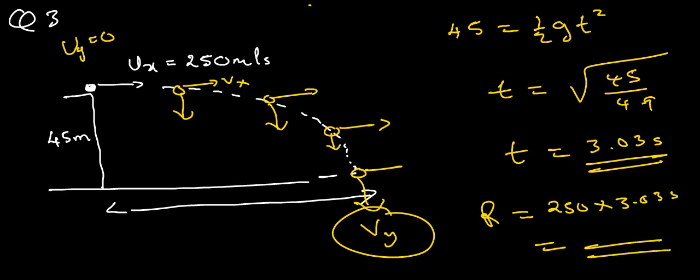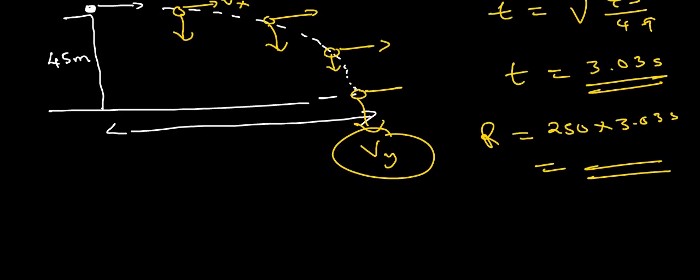Now we're interested in the velocity. This is the velocity just before it hits the ground. So how did you manipulate to get the velocity vy? Oh, okay.